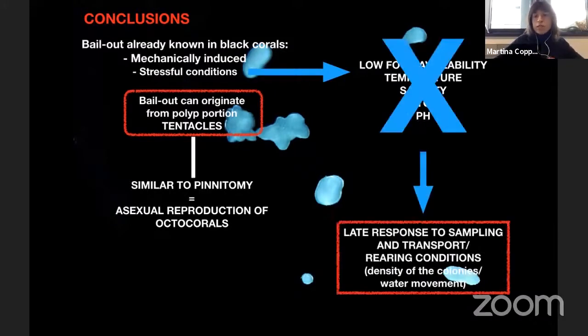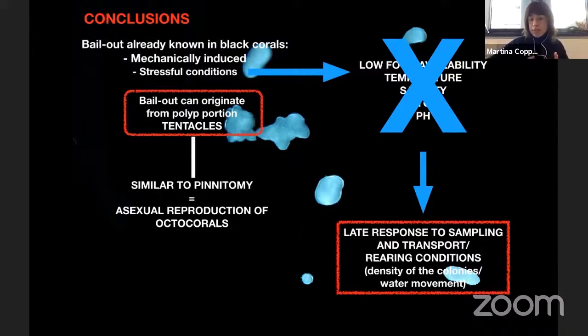Since we checked all these parameters every day, we could exclude that in our case the bailout was triggered by these factors. So we hypothesized that our colonies responded to transport and sampling, or maybe to rearing conditions per se. Or maybe the density in the tank was not appropriate, or the water movement.